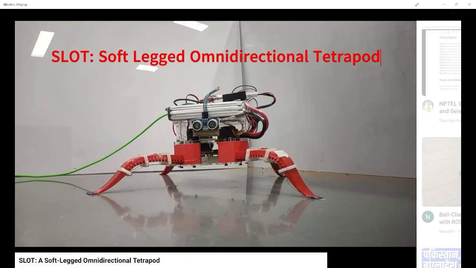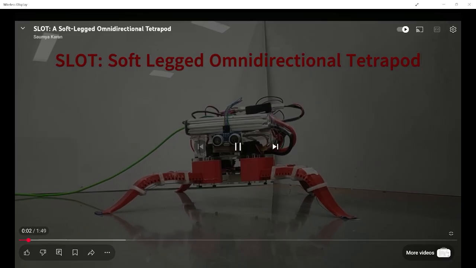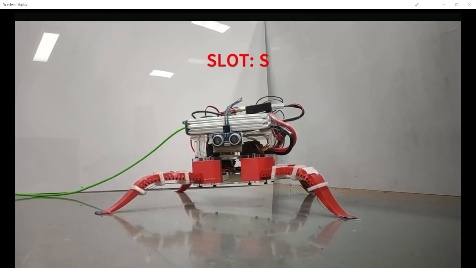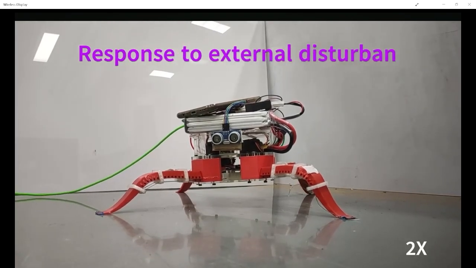So if you see this robot, what is there in this robot? It basically has just 4 motors at 4 of the joints. I don't think I'll be able to show it with pen, but anyway, it has 4 motors. If you see the legs of the robot, it has 4 legs, and at each of these joints we just have 4 motors attached.